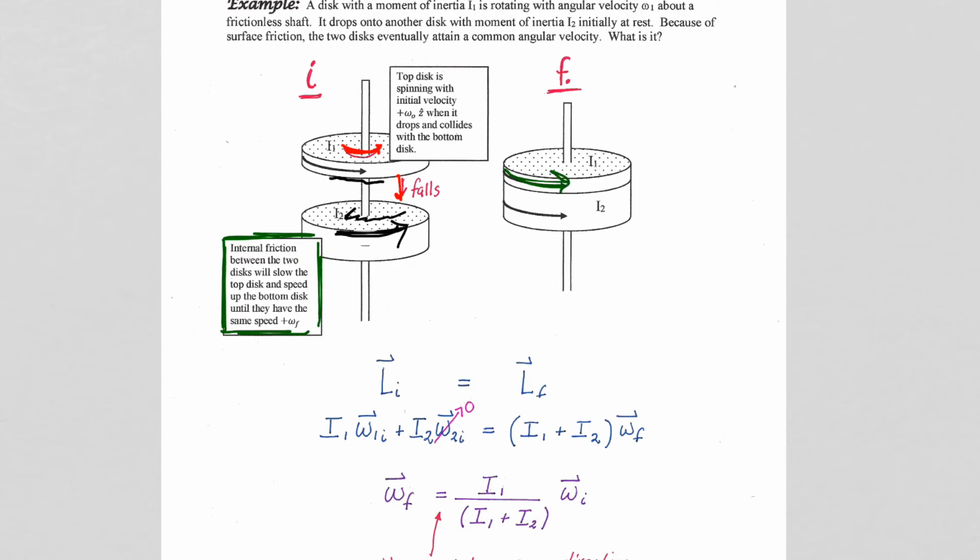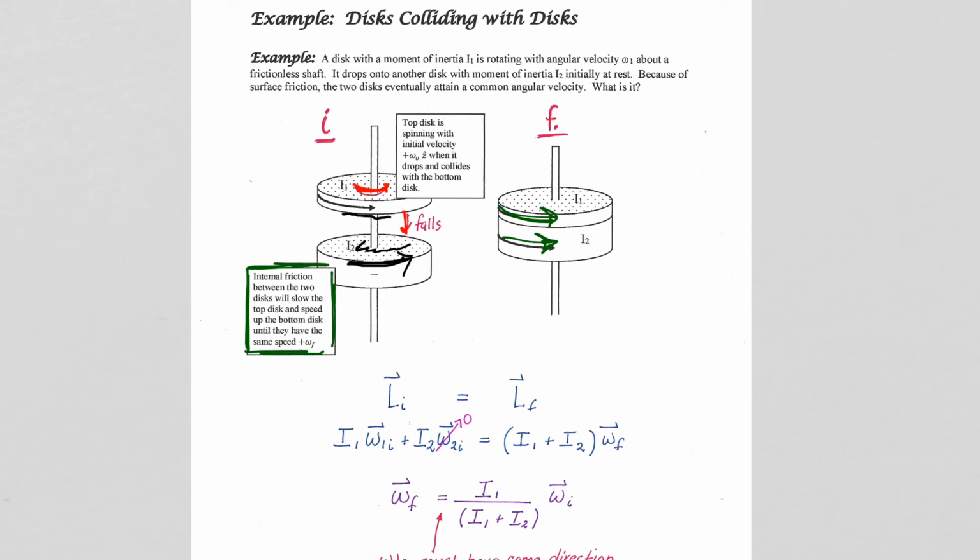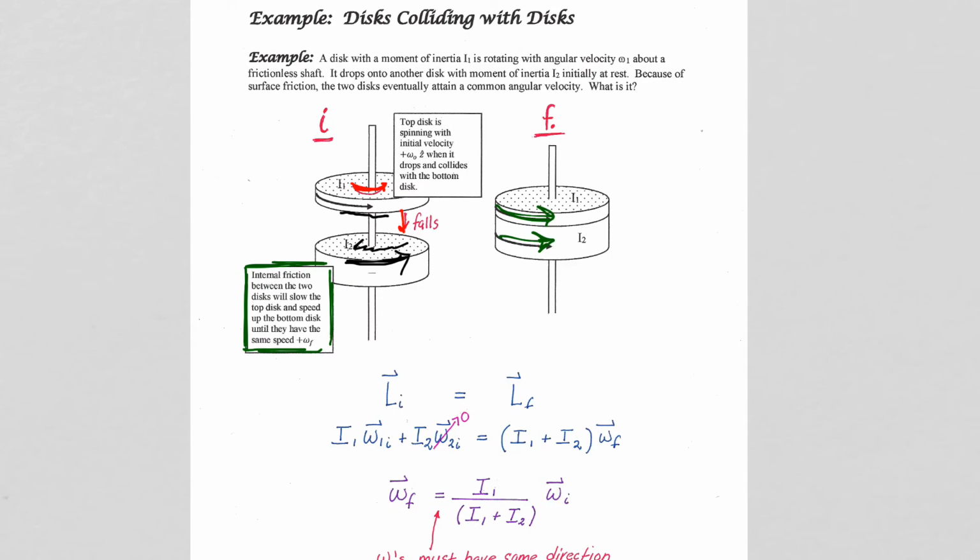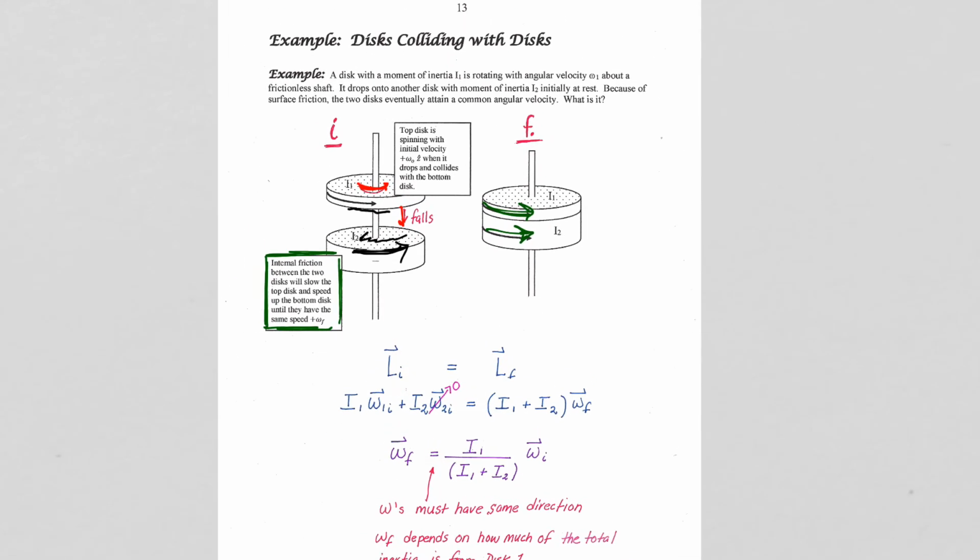And again, you could be asked any number of conceptual questions relative to what the final rotational speed of this system looks like. And again, you don't want to just guess at it and use a gut instinct. L initial equals L final. It's a collision. So the bottom disk is at rest.